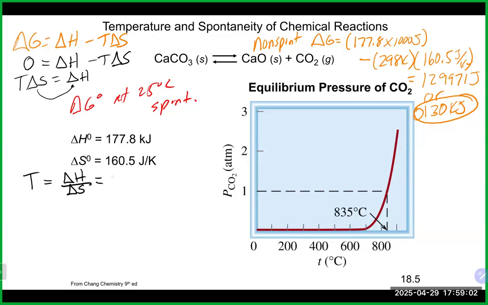Putting in our numbers in this case, 177.8. Once again, I'm going to multiply by 1,000 so I don't have any unit issues here. That's going to turn it into joules, 160.5 joules per Kelvin.